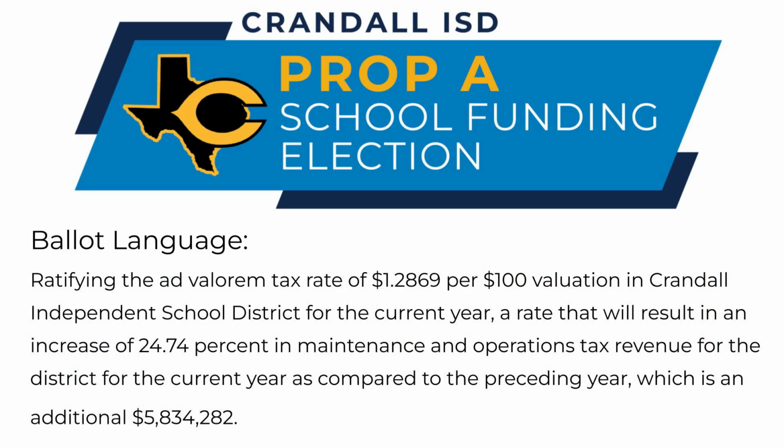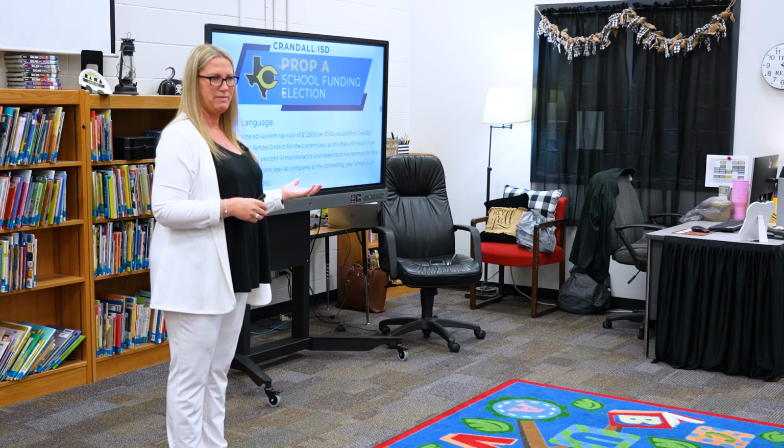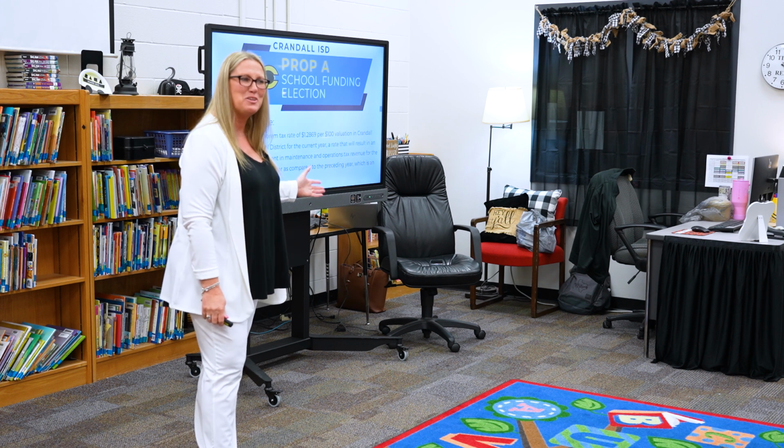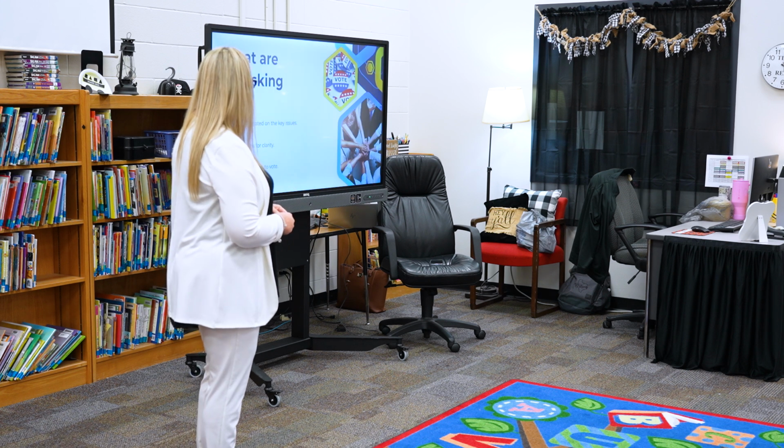Ratifying the ad valorem tax rate of $1.2869 per $100 valuation in Crandall Independent School District for the current year, a rate that will result in an increase of 24.74% in the maintenance and operations tax revenue for the district for the current year as compared to the preceding year, which is an additional $5,834,282. If you just saw that on the ballot, would you have any idea what it was asking? Probably not. So that's why I want to make sure that you understand what the ballot language is.